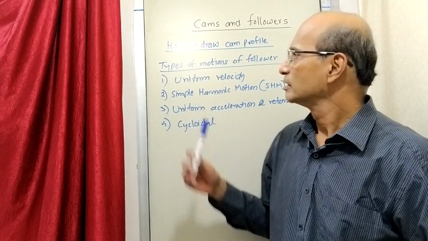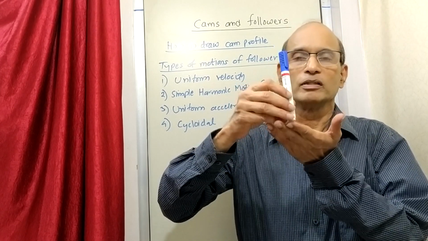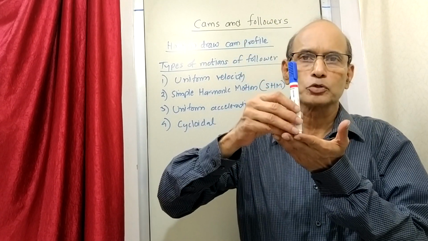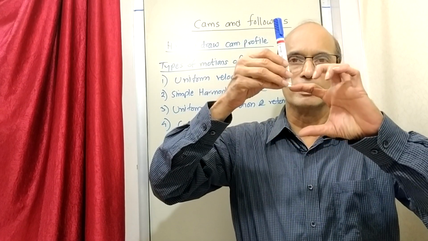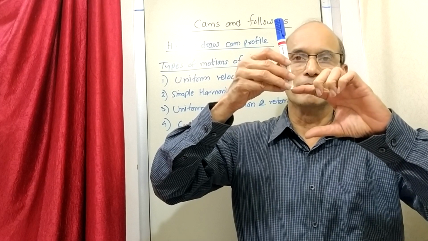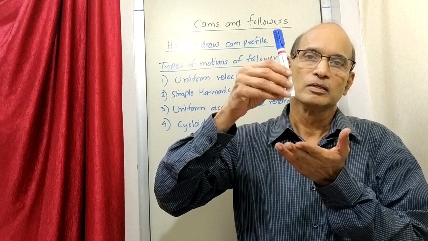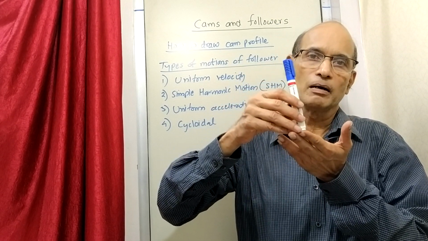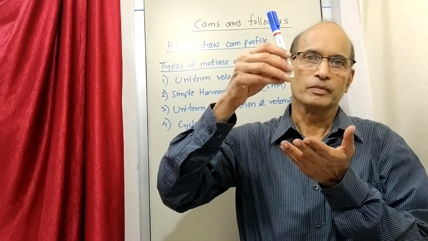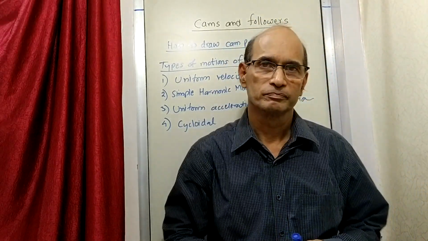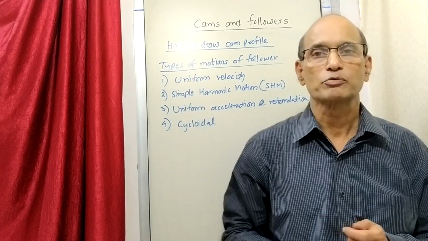What does that mean? Say for example, uniform velocity is the type of motion of a follower. It means when the follower is going up, suppose by 20 millimeters, the rise or stroke is 20 millimeters. If we draw the curve for its displacement versus time, then that curve is what decides these different types of motions.